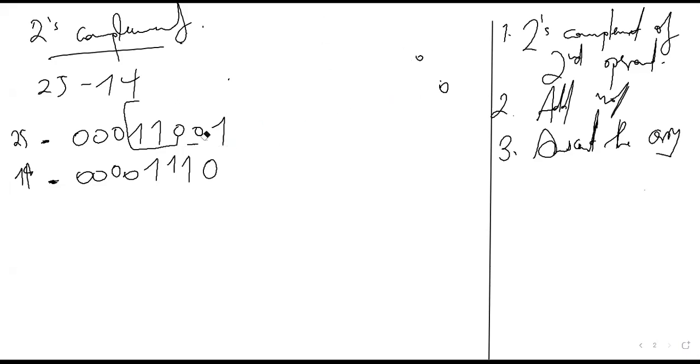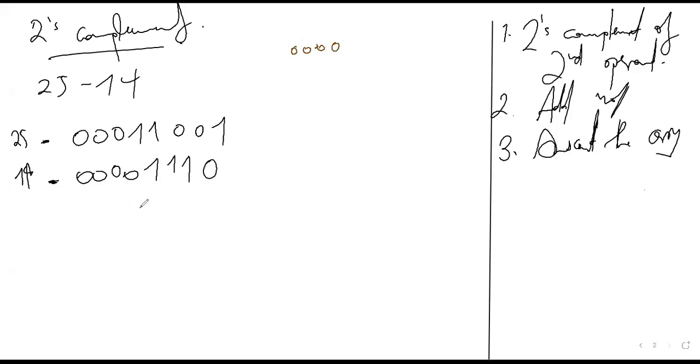Now that I've changed, let's continue. 1, 0, 16, 24, 25. Right. We go and continue with our calculation. First step, 2's complement of the second operand. Second operand here is 0, 0, 0, another 0. That is not correct.